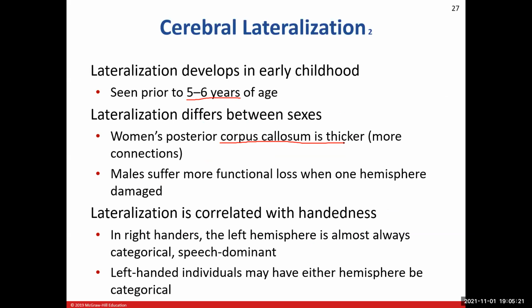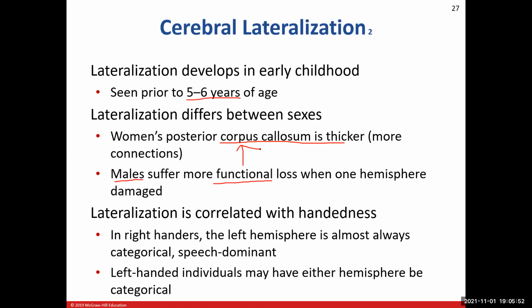If you damage a certain hemisphere, say you fall off your bike, you weren't wearing a helmet, and you struck your head and hurt your right hemisphere, you can impact some of those visual spatial relationships, creativity, imagination. Men will suffer that much more of a functional loss because we have fewer connections than women.